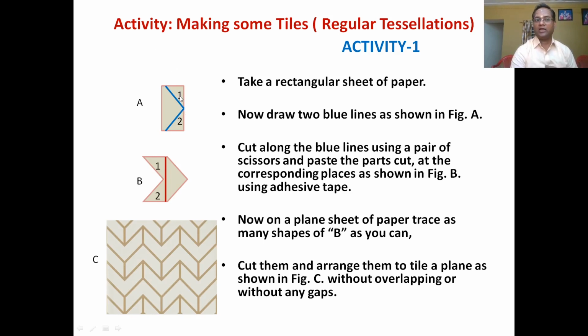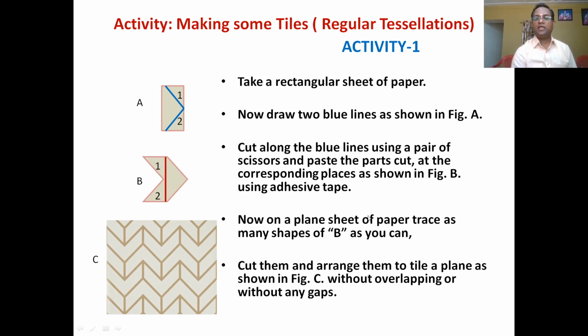The shapes 1 and 2 are cut along the blue lines using a pair of scissors. Then you paste these cut parts here. 1 is cut and placed here, 2 is cut and placed here. When you do that, you get this kind of shape.